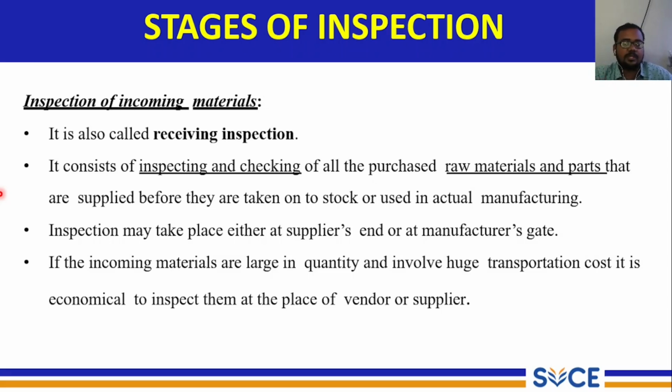The manufacturer's scale is very important, because once it reaches the manufacturing plant, it will start undergoing the regular procedure of all the operations to be done on the raw materials. Once it reaches the manufacturing plant, there is no looking back, and the process will carry on continuously. So you have to check whether the raw material is meeting the required standard and is of good quality. That has to be done at the supplier's end, or you can also do it when the product reaches the manufacturer's scale.